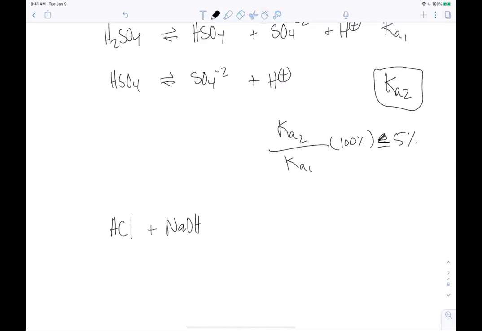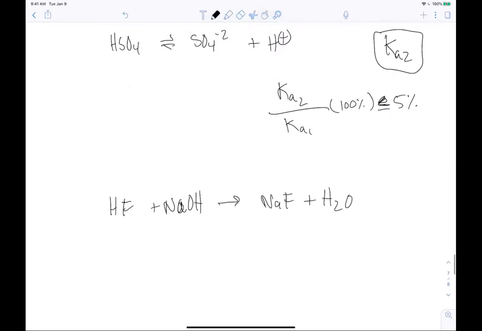So in the previous example where we were looking at HF and sodium hydroxide, we write it out like it's a stepwise process, but it's not really.